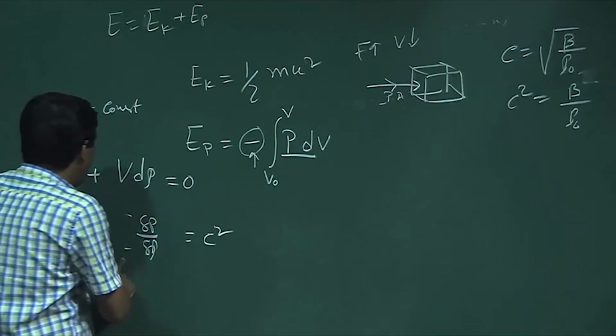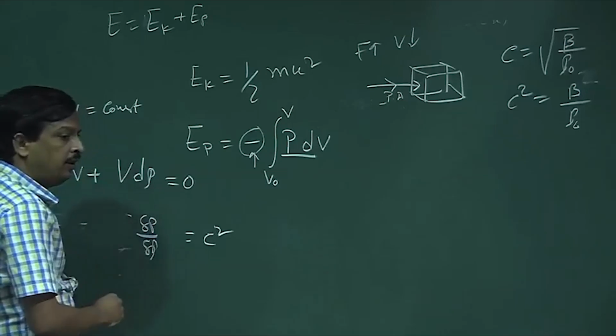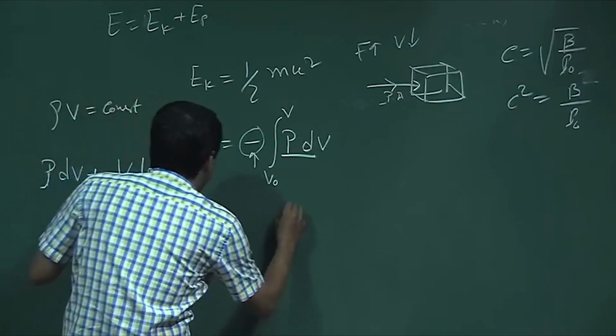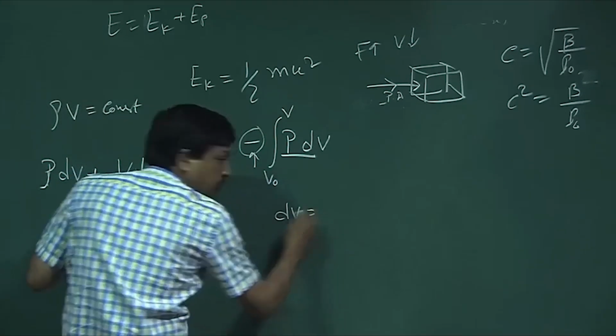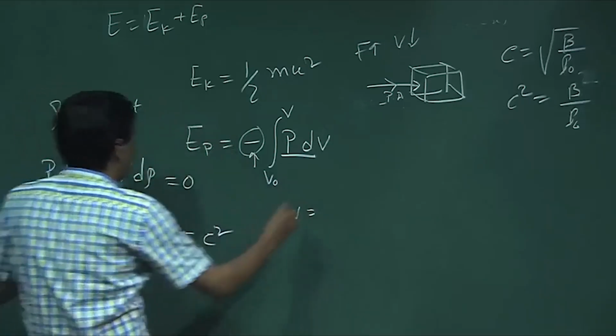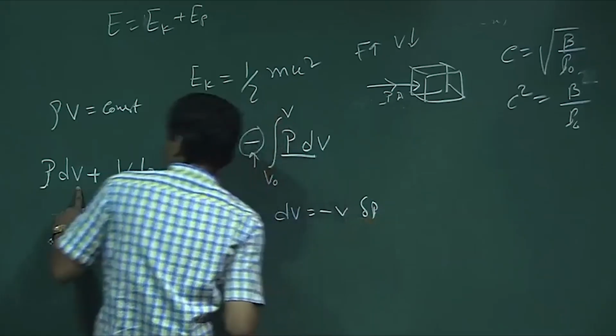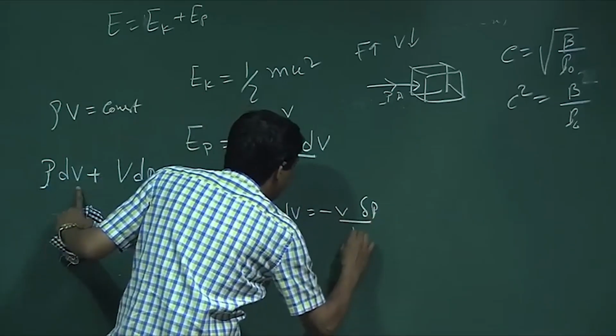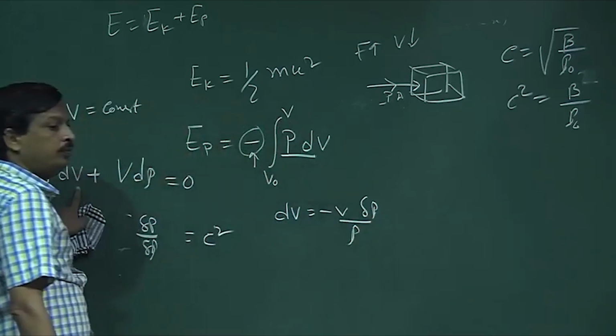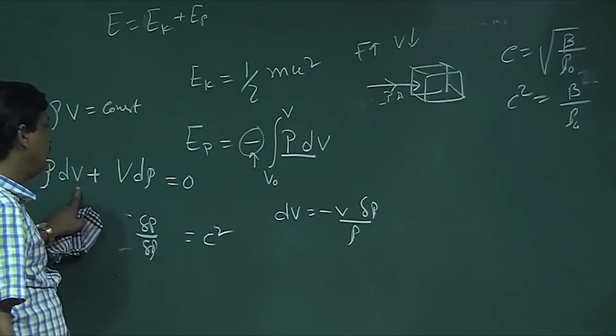Okay. Now, if I put that, I can say that del V is equal to minus B del rho divided by rho, del rho divided by rho.